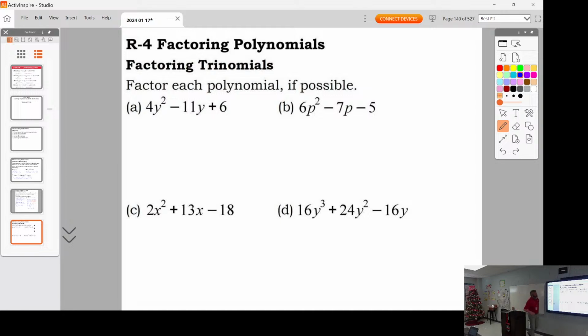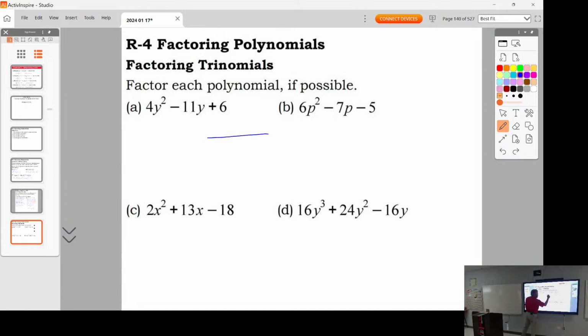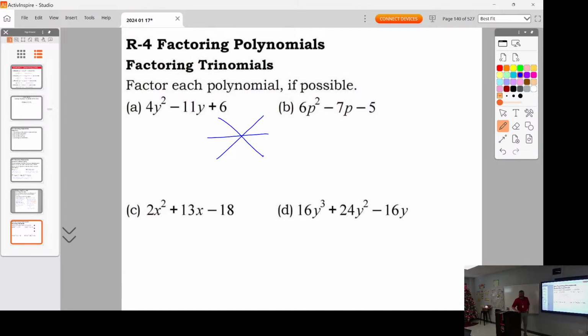Okay. What goes in the top center? A times C. And we're talking about the whole term, right? So what goes in the top center?